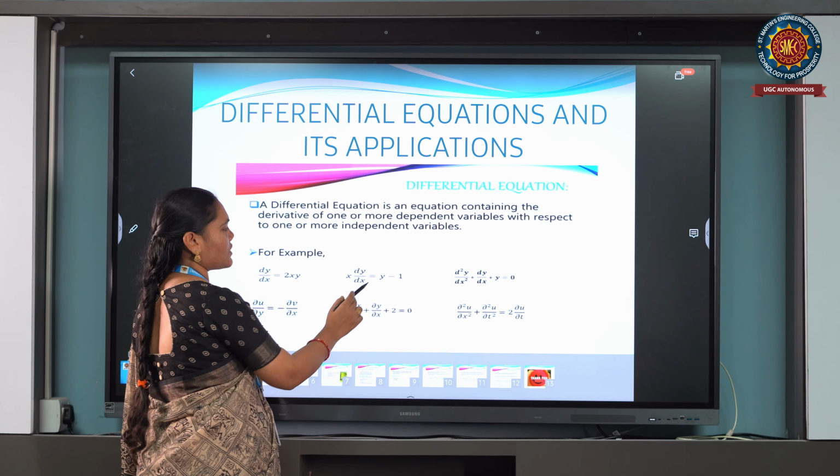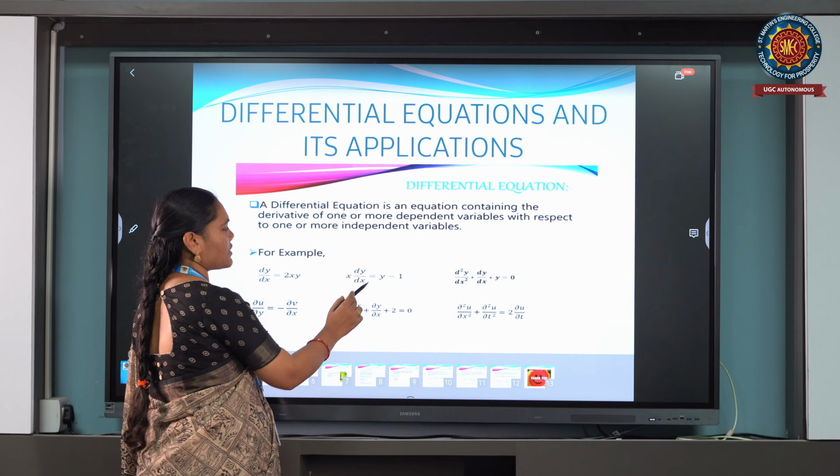Problem number 2. Solve the first order differential equation dy by dx is equal to under root of 1 minus y square by under root of 1 minus x square.